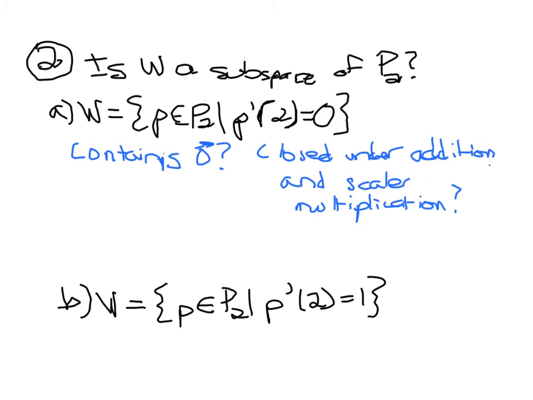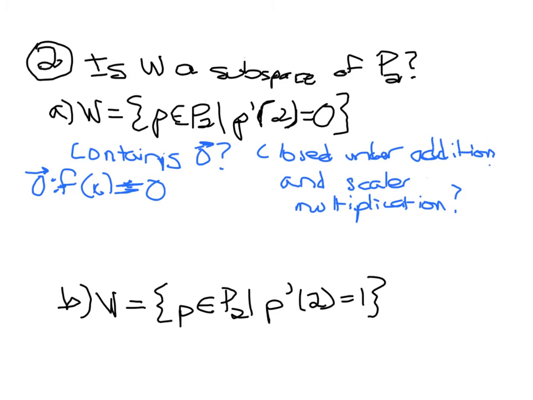In a collection of functions like this, the 0 vector is just the constant function f of x equals 0, which I'll write here. The constant function f of x equals 0 is what I'm trying to write there. That's the 0 vector for this vector space.